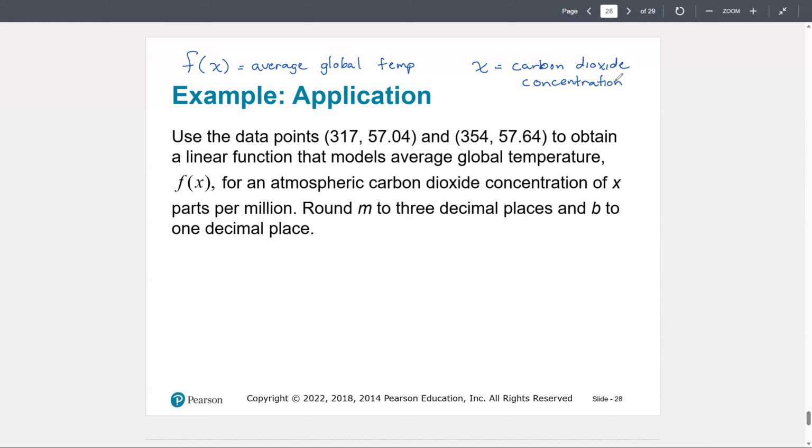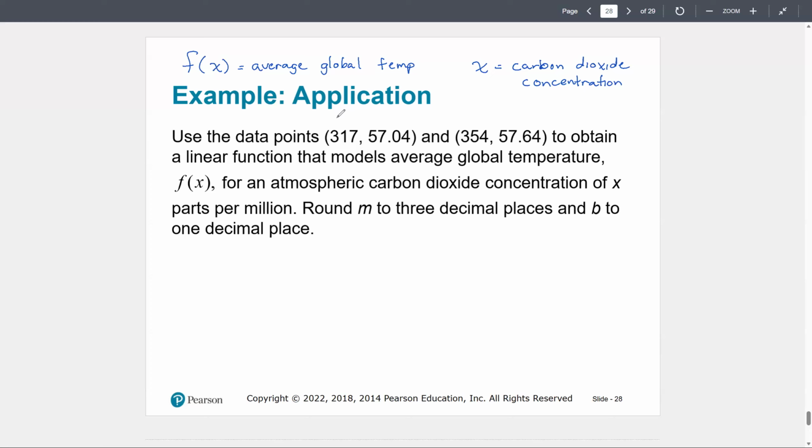So we are looking for a function of carbon dioxide concentration. We want to round m to 3 decimal places and b to 1 decimal place when we find this.